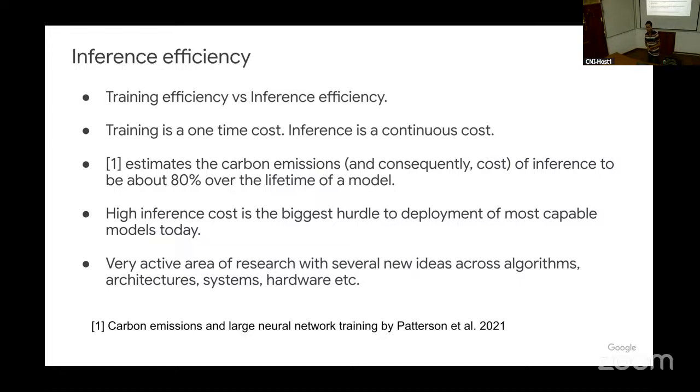Also, the high inference cost of these models is an important hurdle in being able to deploy the most powerful models. For example, if you know of O1, O3, or some of these reasoning style models or DeepSeek R1, they are extremely expensive during inference time because they generate very long chains of thought. The output length is very long, and because of that, they're very expensive to serve.